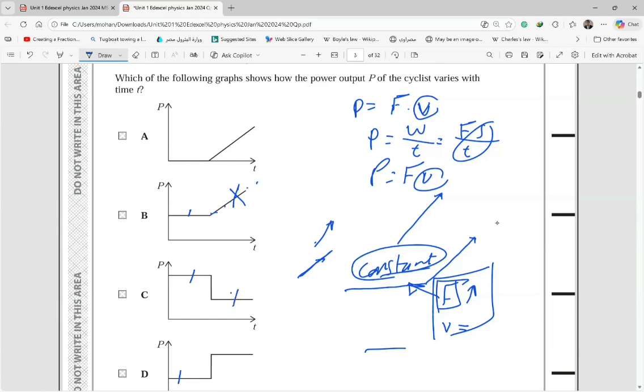This one is the correct one, because here the power equals F times V, and here the power also equals F times V. V is the same, but F here is larger, though constant, so the power is constant, but F is larger when she's going over the gradient.